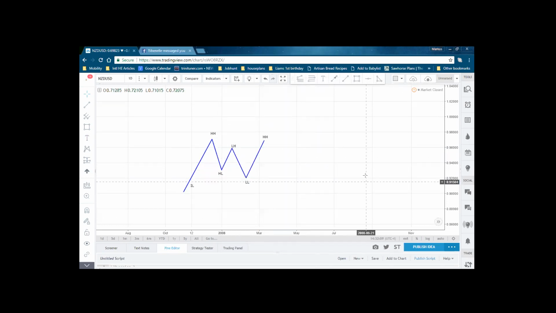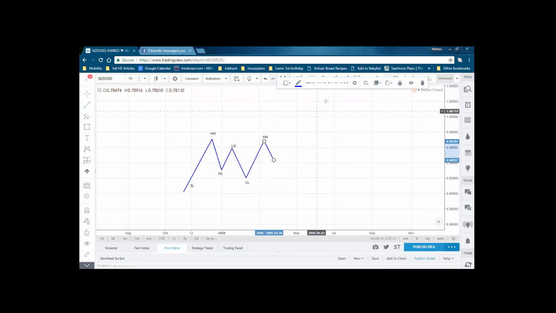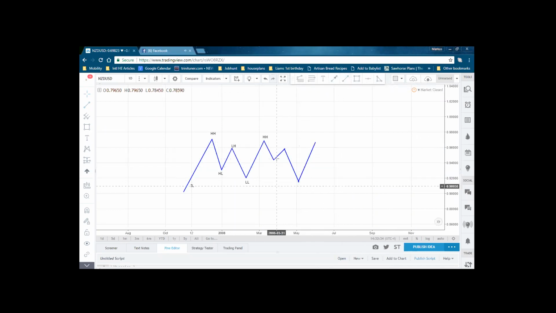So this is when we would refer to the market as being in consolidation, in a sideways movement. It will move erratically at times, right, and form lower lows, higher lows, lower highs, and it just be all over the place.